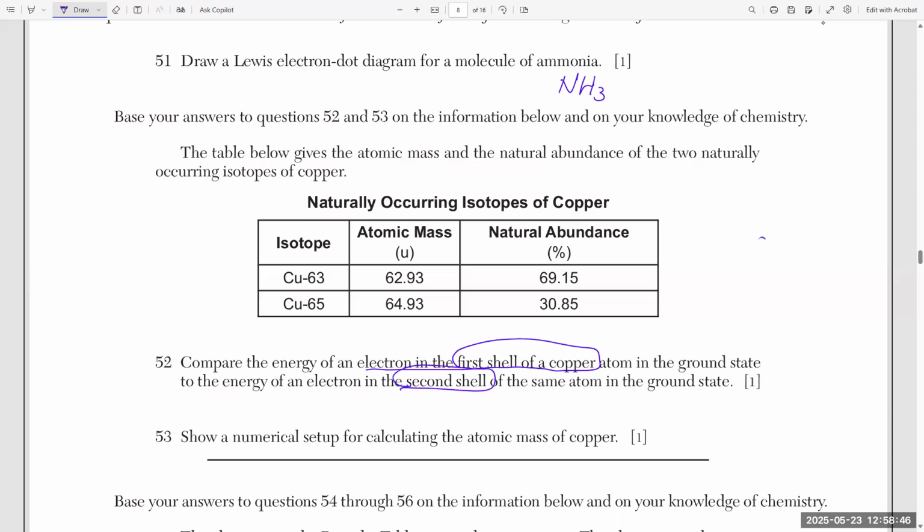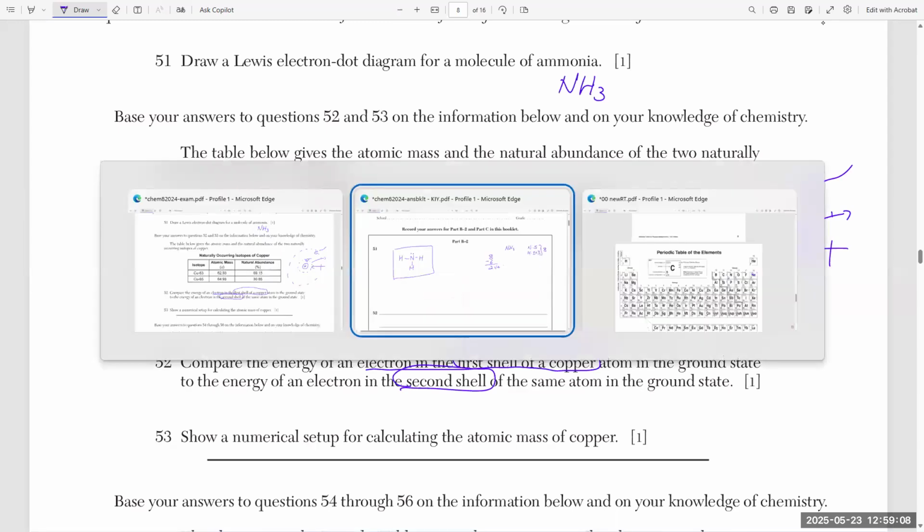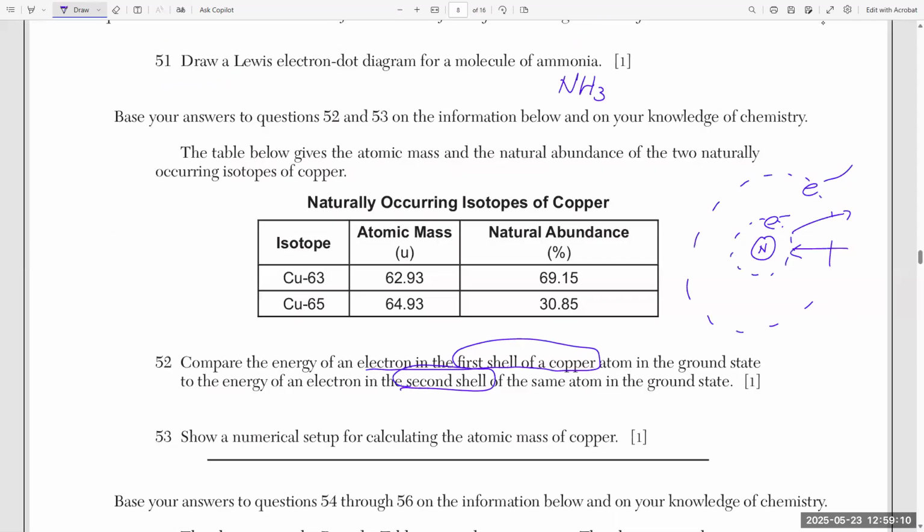We're talking about the nucleus of copper, with the first shell versus the second shell. Remember, as you go further out, it is a higher energy level, and the closer you go to the nucleus, the lower the energy.